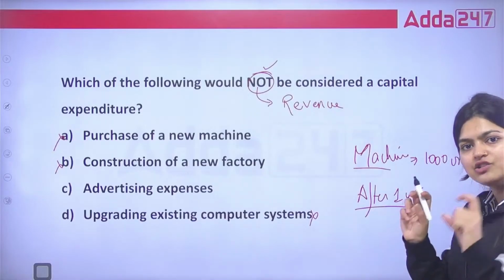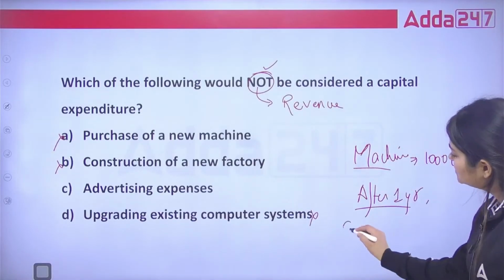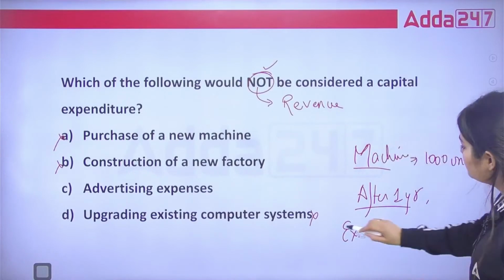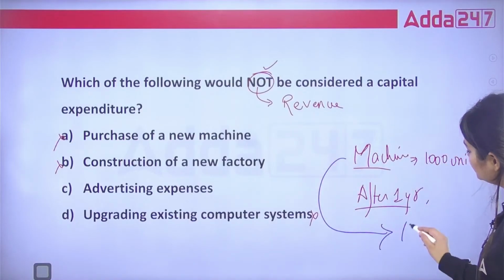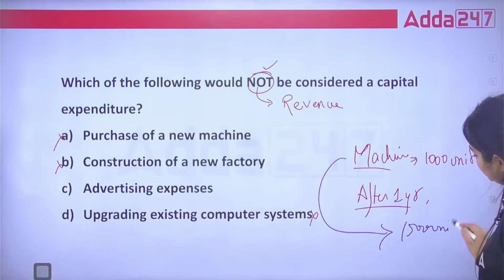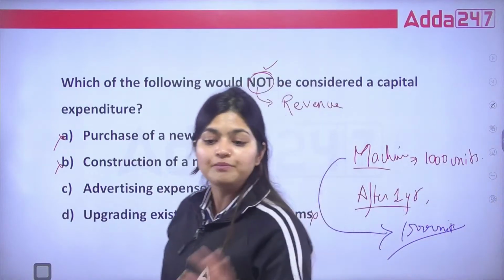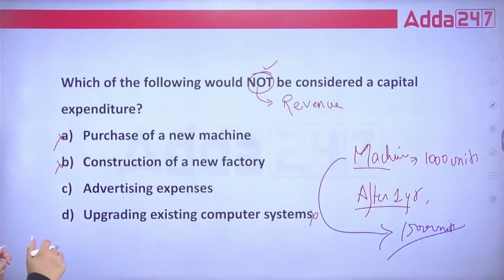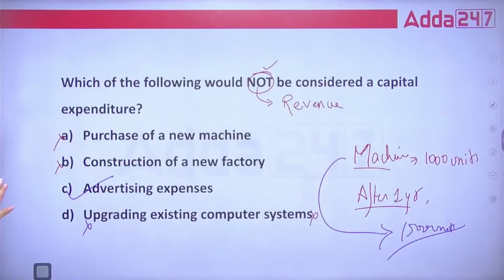If I use that engine and motor in this existing machine, the same machine will help me to produce 1500 units. So this is upgrading of my machine. I'm not acquiring a new machine. This is upgradation of my machine. Correct? So the correct answer is not D. Correct answer is answer C.